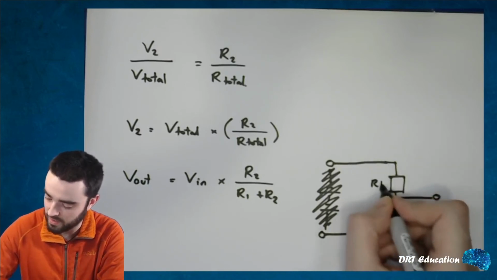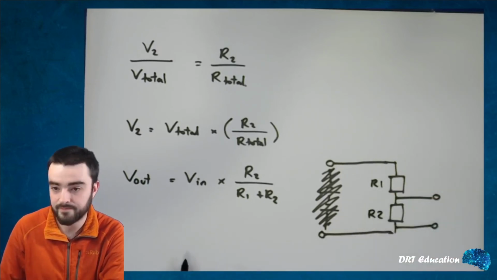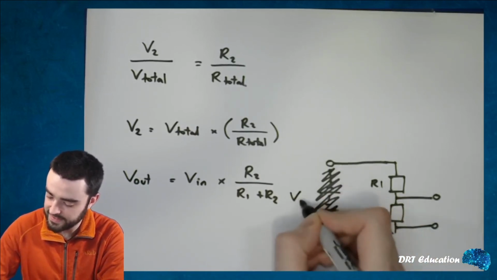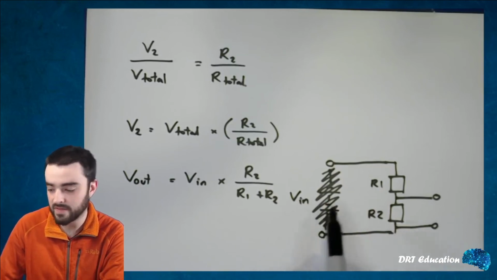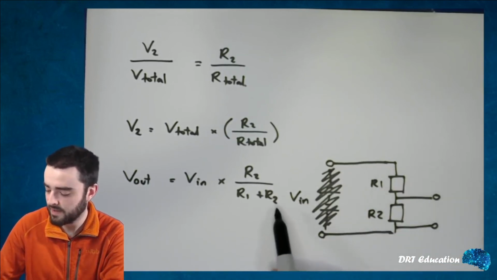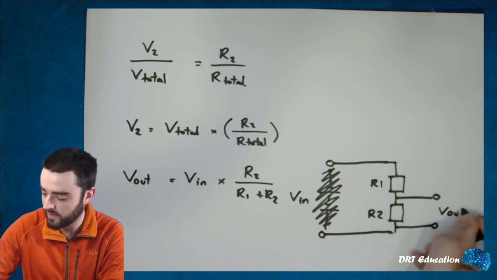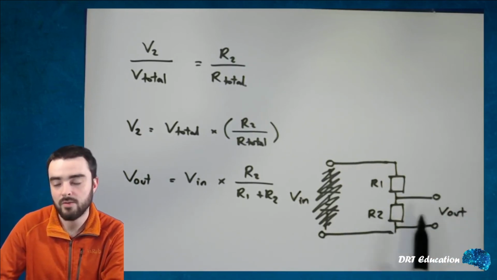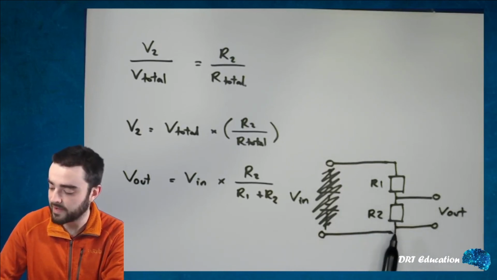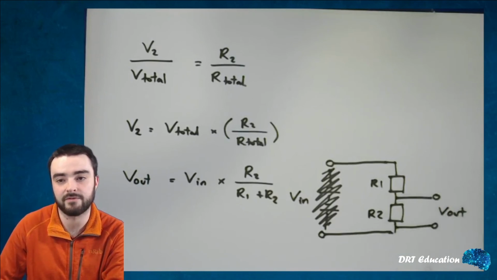So that's R1, R2. Between here and there, that is V in. That is the potential difference between these two lines. And then over here, we have V out. Quite often these circuits are used to vary the voltage in a completely different circuit.